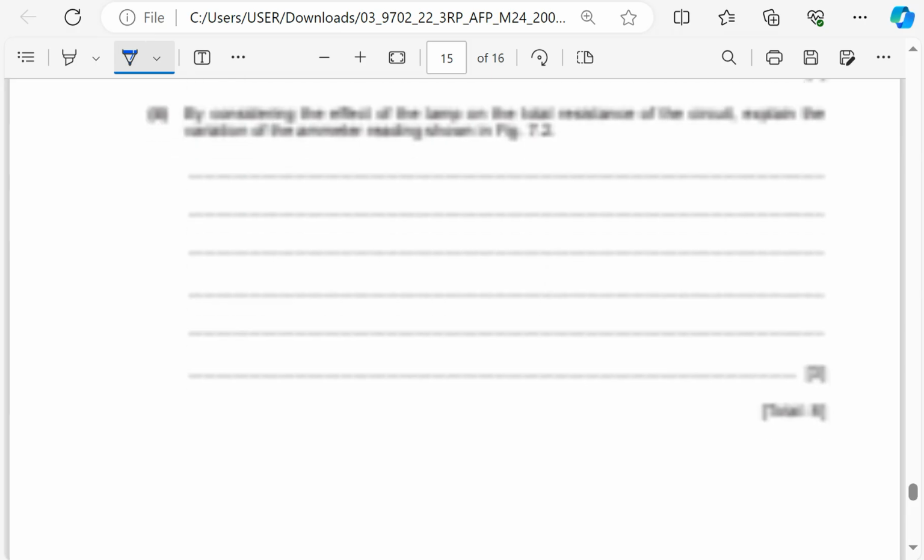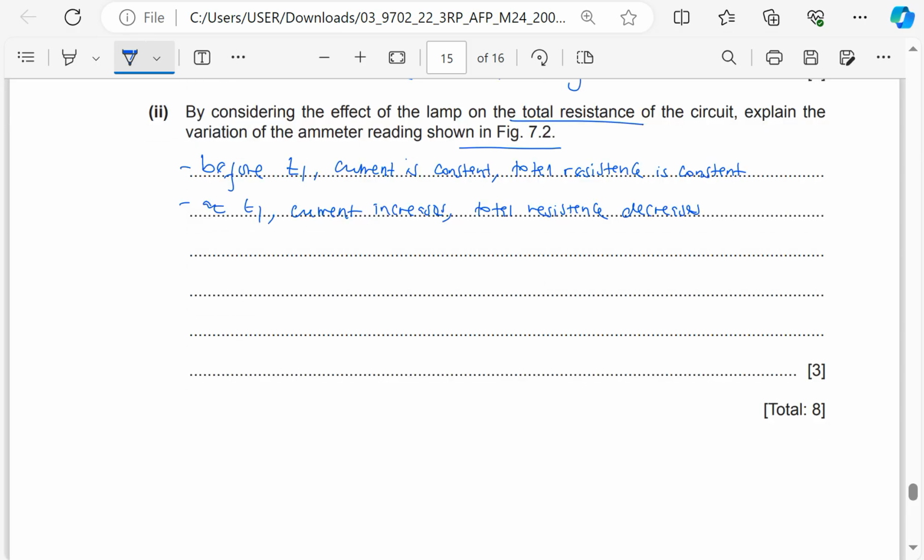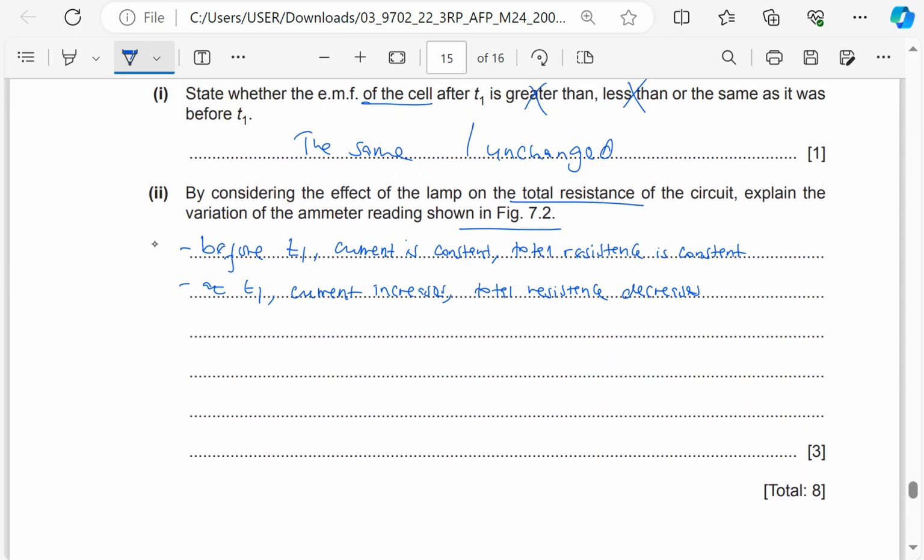Total resistance decreases due to decrease of the external resistance. In brackets, I'm saying we have resistors in parallel.